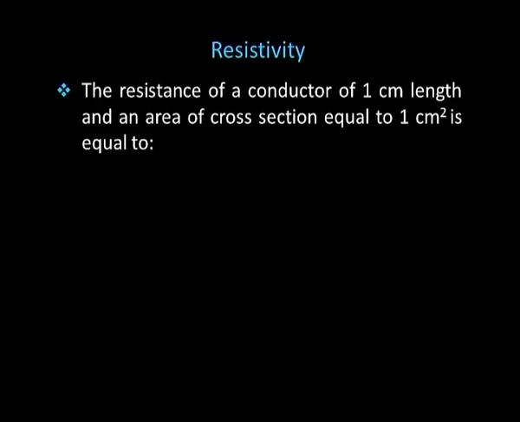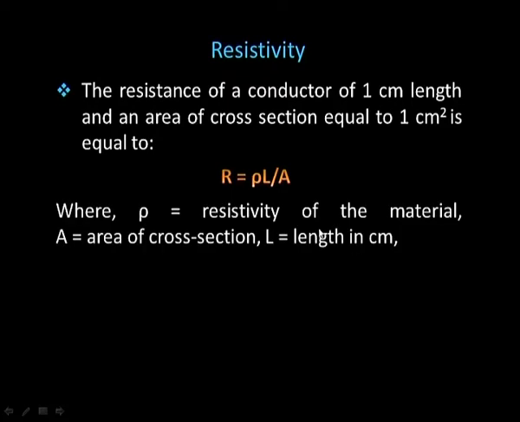The second term which we use in conductometry is resistivity, which is defined as the resistance of a conductor of 1 centimeter length and an area of cross section equal to 1 centimeter square. R is equal to rho L by A, where rho is the resistivity of the material, A is the area of cross section, and L is length in centimeter.